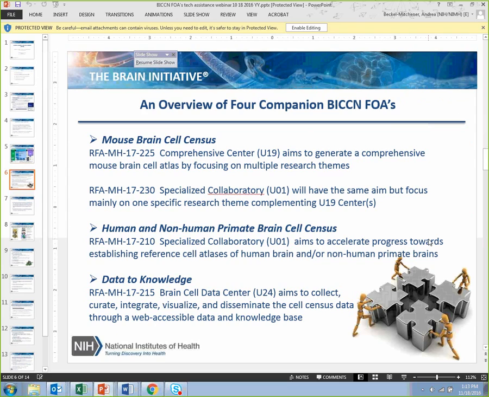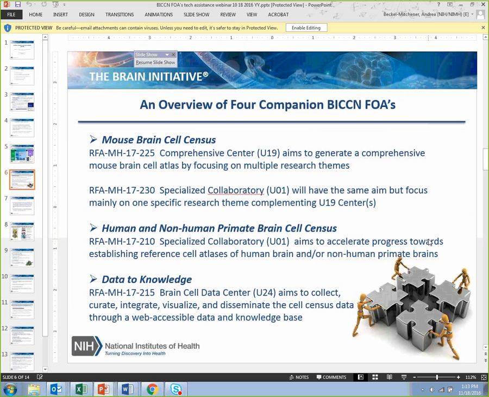The RFA-MH-17-225 U19 Comprehensive Center aims to generate a comprehensive mouse brain cell atlas by focusing on multiple research themes, while the U01 Specialized Collaboratory RFA, supported by RFA-MH-17-230, will have the same aim but focus mainly on one specific research theme complementing U19 centers.